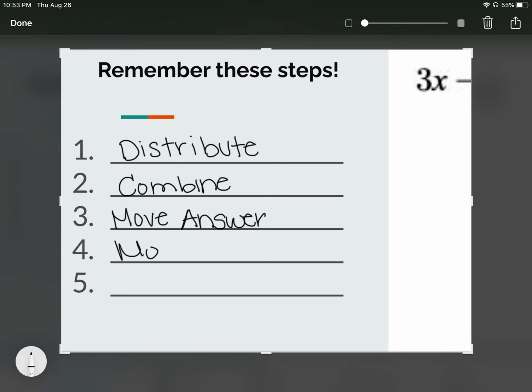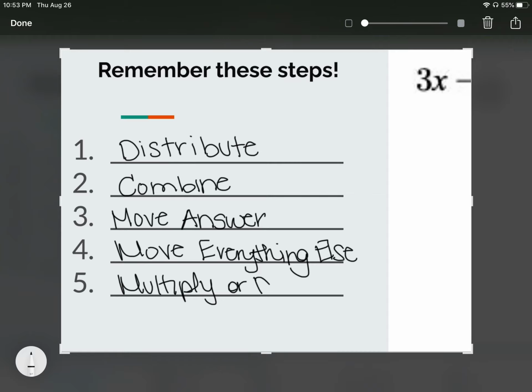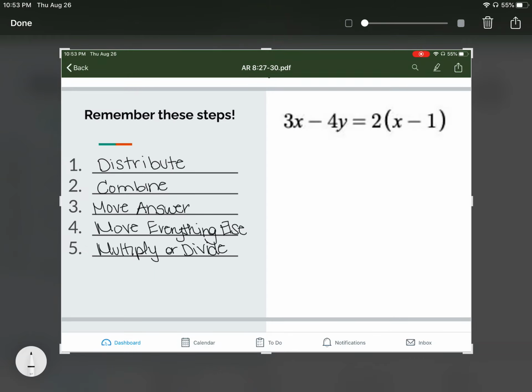Move everything else. And our last step is to multiply or divide. Kind of just depends on what we got in the equation. Make sure you jot those steps down. When I write them again, I'll most likely abbreviate them. So just make sure you write those steps down so that you have them as we're working these out.